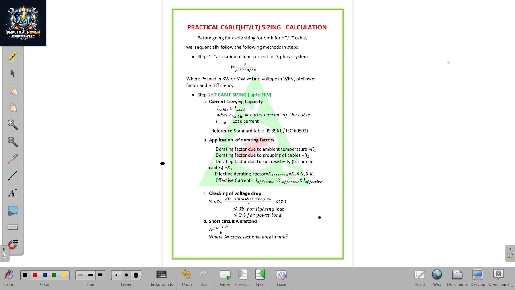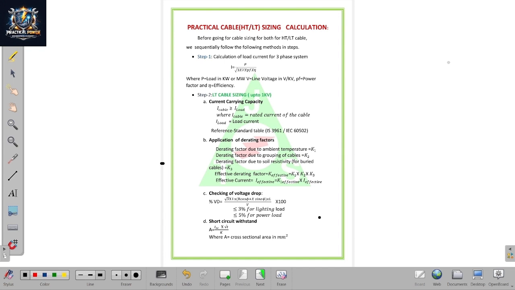Then next comes the derating factor. There are three types of derating factors. One is due to ambient temperature, another due to the grouping of cables, and the third one is due to the soil resistivity for the buried cable.